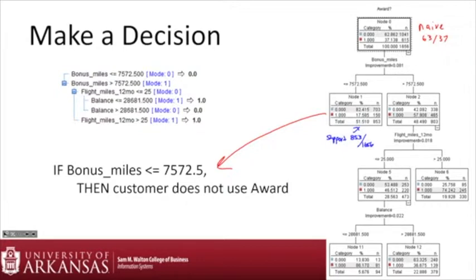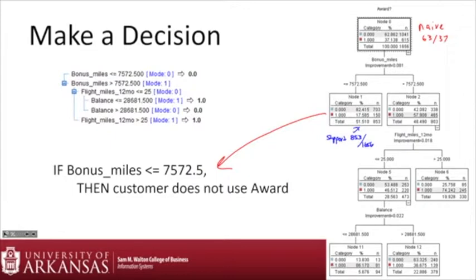So basically, have you flown with us again or not? And so on one side, yes, you've flown with us for more than 25 miles. In that case, we'd have 75-25 on that split. It's about 20% more of our customers. And that's about as far as we're going to go.